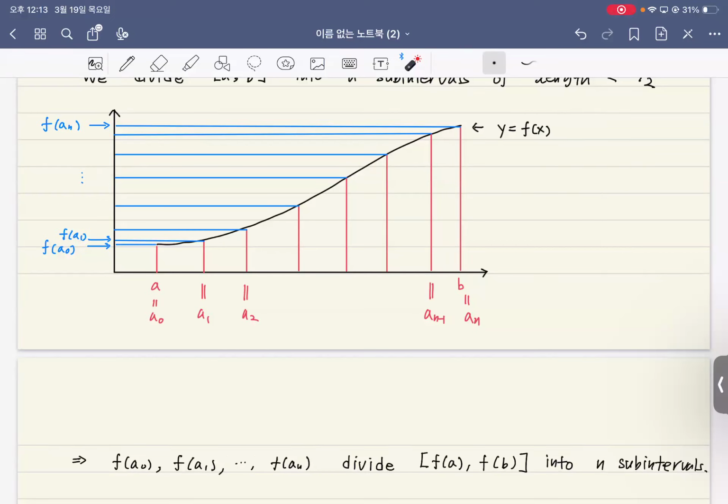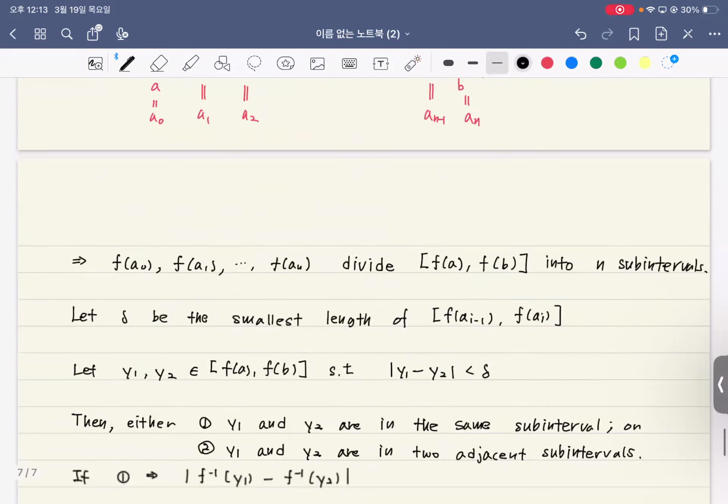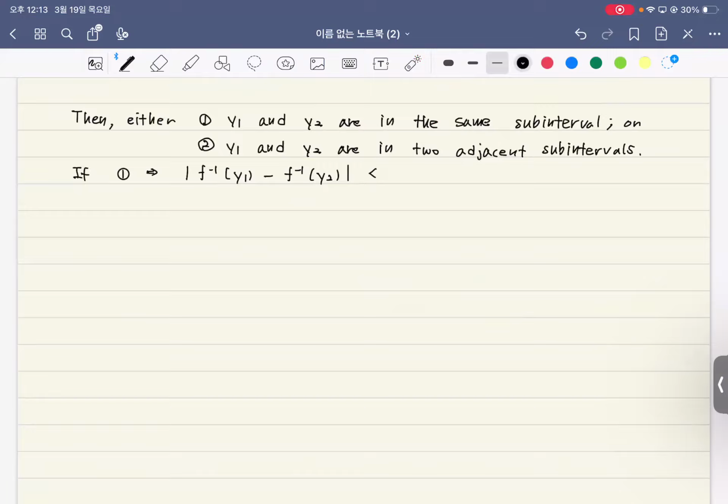If y1 is here and y2 is there, then f inverse of y1 will be here, f inverse of y2 will be there. Then the distance between them must be less than the length of this interval, so they are separated by less than epsilon over 2, the length of one single interval.